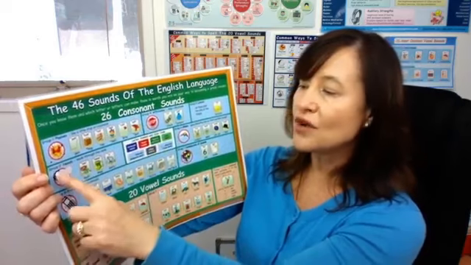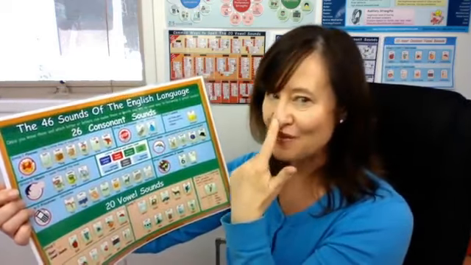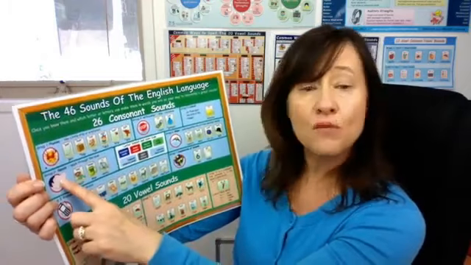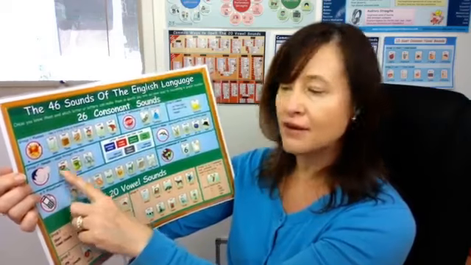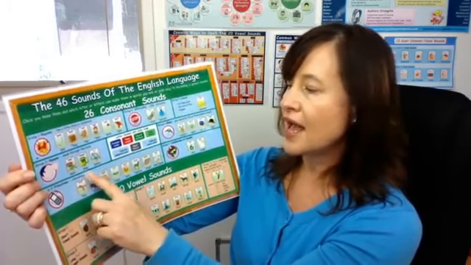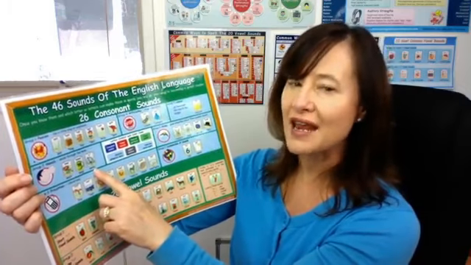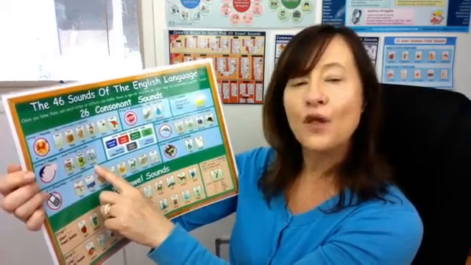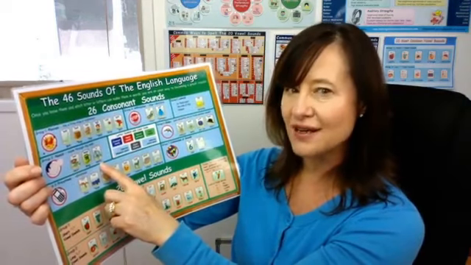Over here, we've got group 2, which are our nasals. Nasals, of course, means your nose, so you make these sounds through your nose. So we've got N for nest, M for mug, and this one here is one of my all-time favorites because this is the NG sound. Now, the way I say this is the N creates the sound, the G is silent.